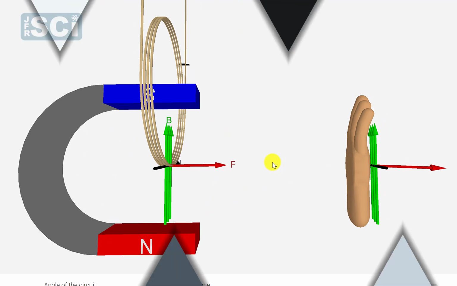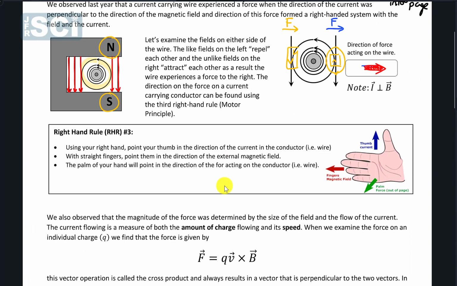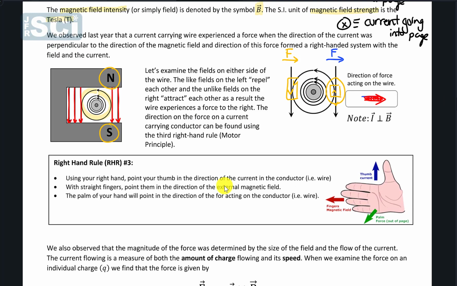So let's go back to our note. So here we go. There is that right-hand rule that we were just talking about. So if we were to apply it to this example on our page, here I'll make a circle around it or a square around it, you can see that if you were going to do this, your thumb should point out of the screen. And that's because the current is actually coming straight out of the screen at us.